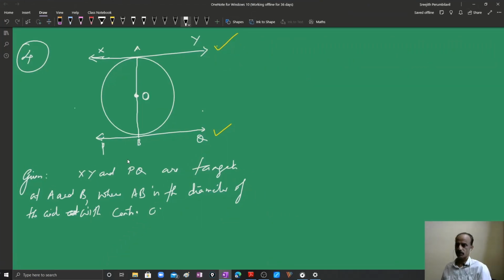What is to prove? To prove that XY is parallel to PQ. This is what we have to prove.